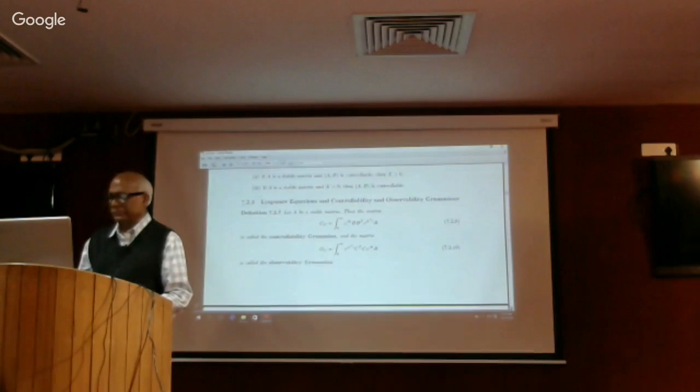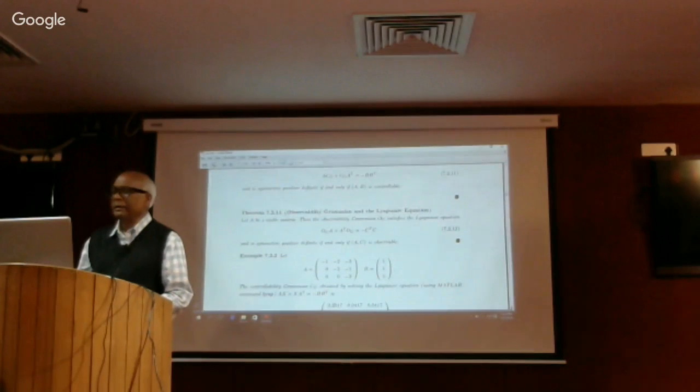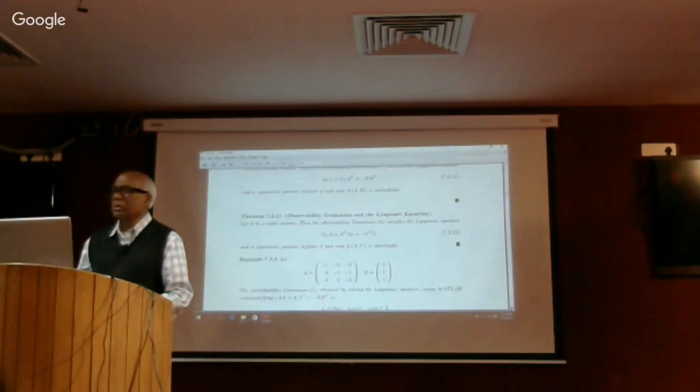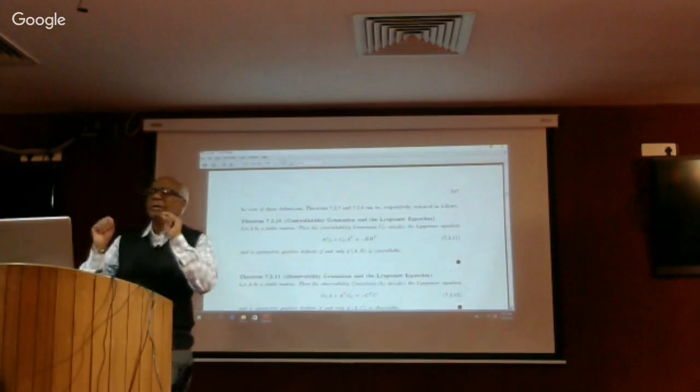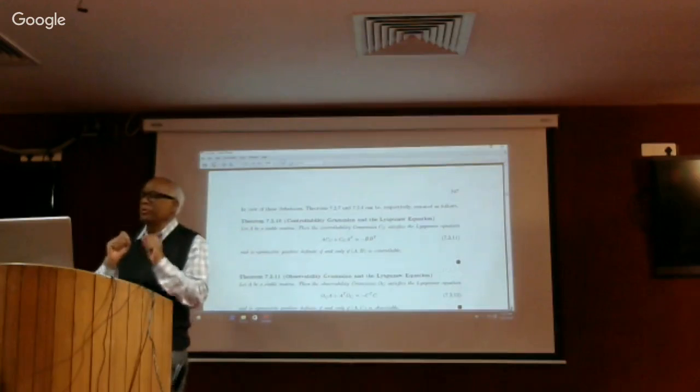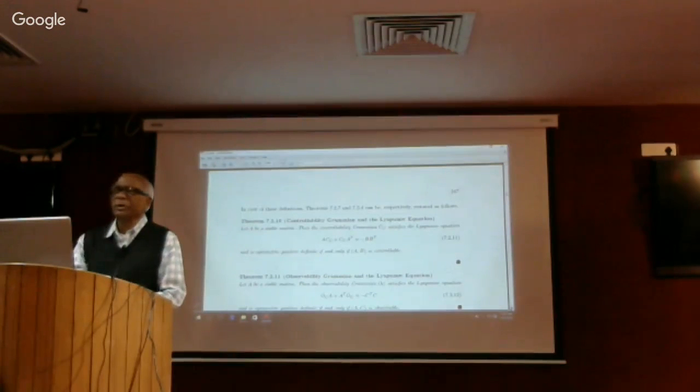On the other hand, it can be shown that the controllability and observability Gramians can be computed by solving a Lyapunov matrix equation. So there is a relationship between the controllability Gramian and the Lyapunov matrix equation.